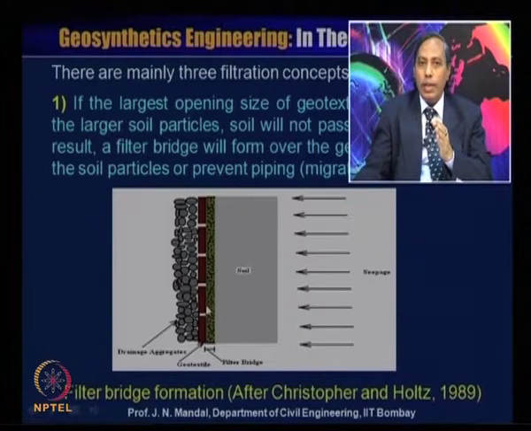So when the largest opening size of the geotextile is smaller than the largest soil particle, soil will not pass through the filter. So a filter bridge will form over the geotextile material and then retain the soil particles or prevent piping or migration. This is the filter bridge formulation given by Christopher and Holtz, 1989.